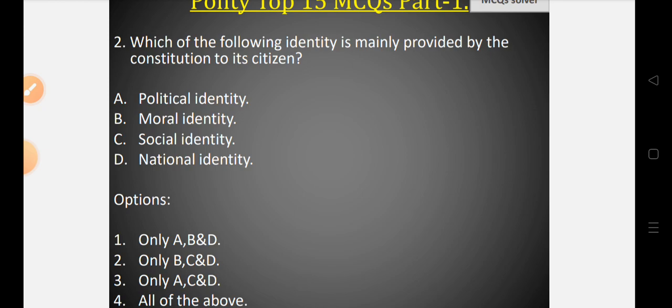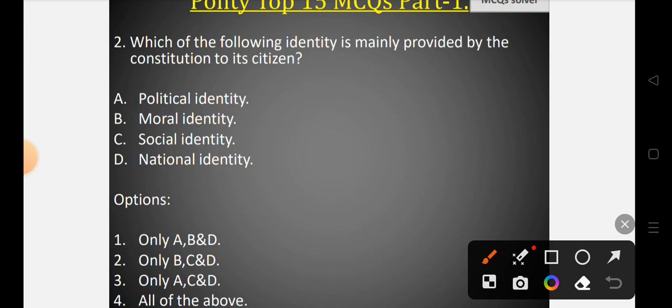Let's look into the options. Option number 1, only A, B and D is correct. Option number 2, only B, C and D is correct. Option number 3, only A, C and D is correct. Or option number 4, all of the above.